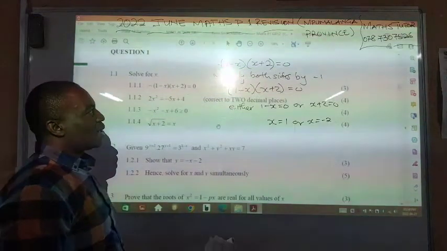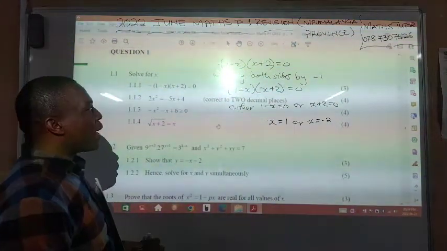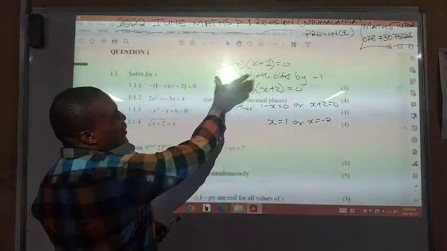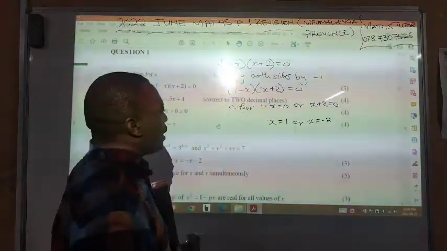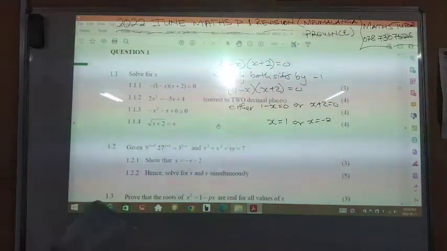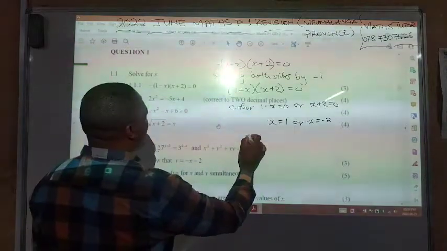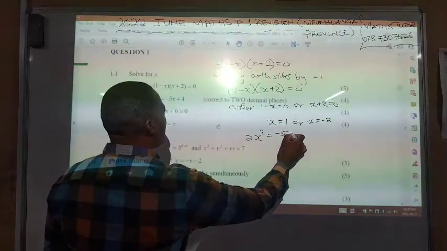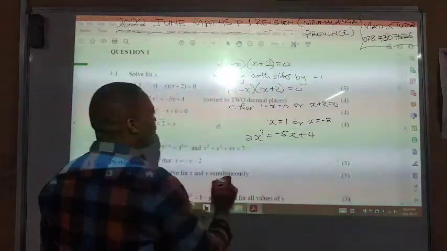So it's not necessary to expand because of the negative. All you needed to check was, how do I get rid of that negative? Alright, the next question is 2x squared is equal to negative 5x plus 4.